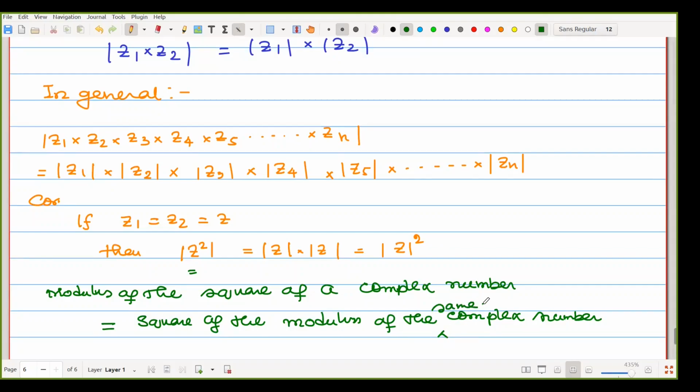So always we have to remember that one thing: modulus of z square is equal to modulus of z whole square.